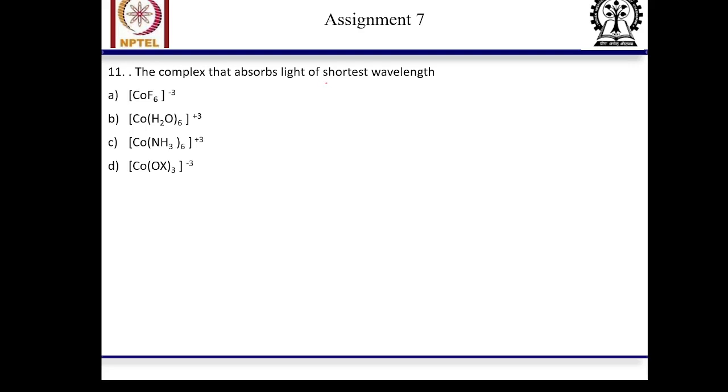Okay, so that answer will again come from the spectrochemical series. Here first X donor has the lowest crystal field splitting energy, then we have O donor, then N donor, then C donor.